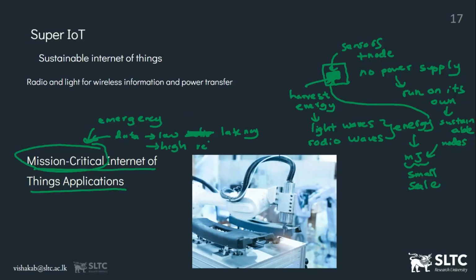In order to transmit the emergency data reliably, we need to have high reliability in our communication, and we need to send that data very fast to the end destination, so that the end destination will obtain the data very quickly and will be able to provide some feedback.